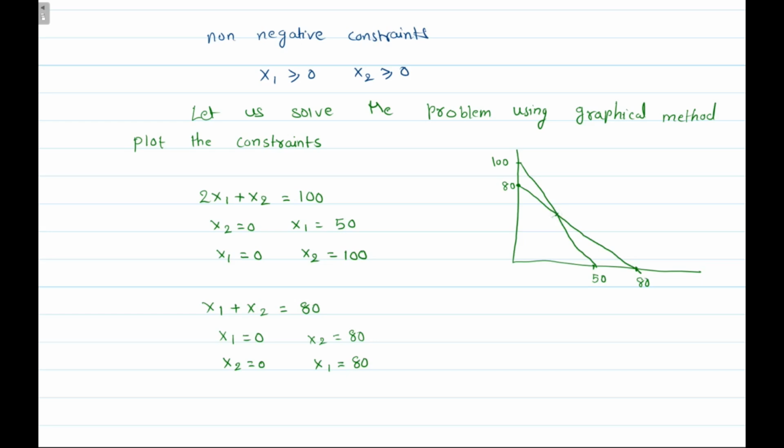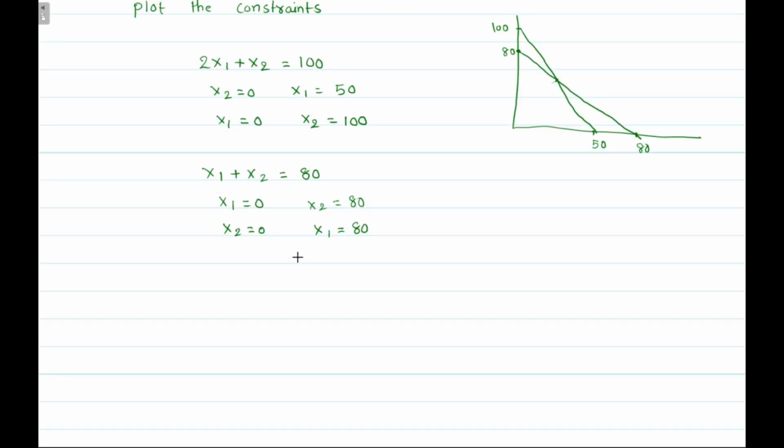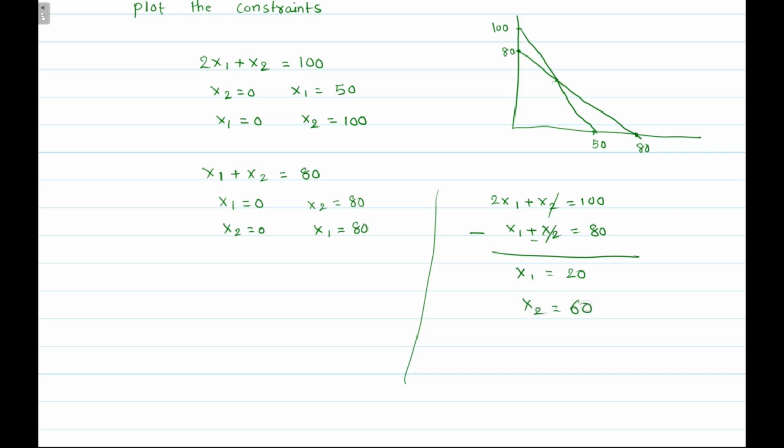This point can be obtained by solving these two equations, 2x1 plus x2 equal to 100 and x1 plus x2 equal to 80. If I solve this just by subtracting, x2 will get cancelled. x1 equal to 20. Obviously, if I substitute x1 equal to 20 in any equation, you will get x2 equal to 60, right? So x1 equal to 20 and x2 equal to 60.